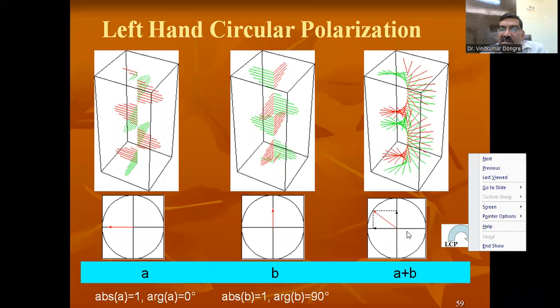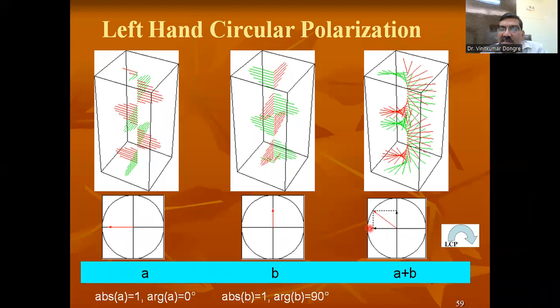When both vectors move, one moves horizontally and the other vertically, so it rotates. In what way? Left-handed circular polarization, that is clockwise. This is the way it moves. And this is how it happens when you combine them.